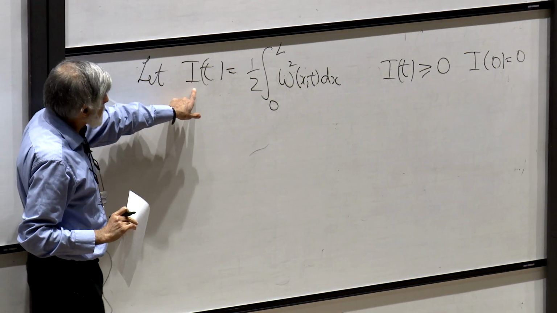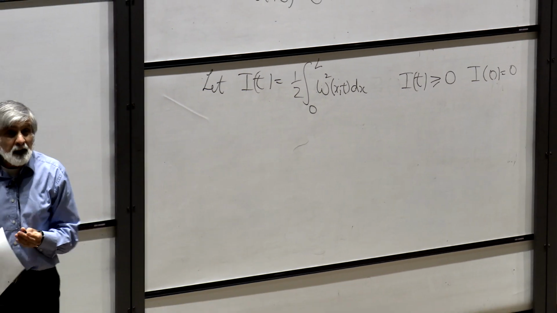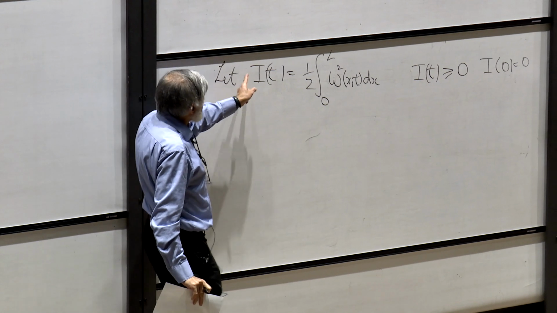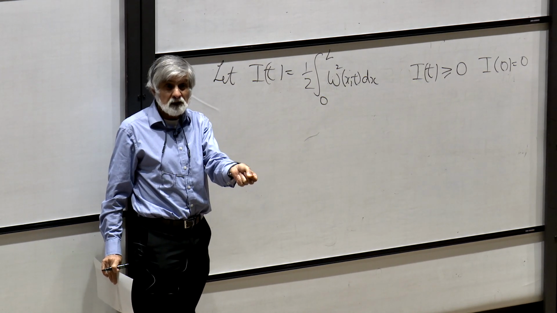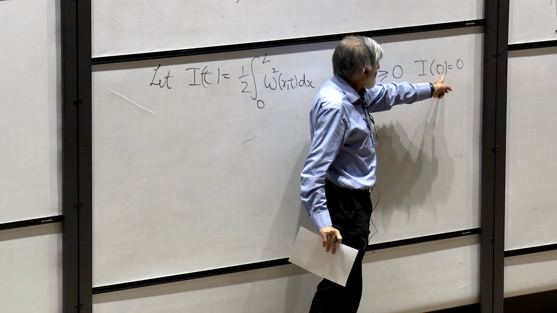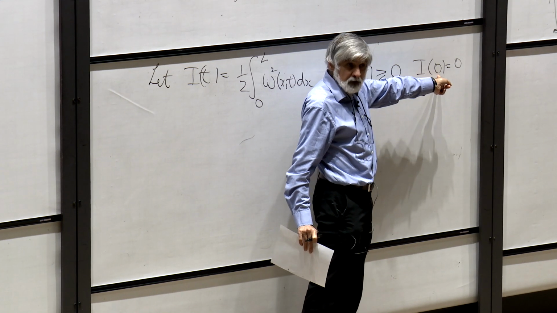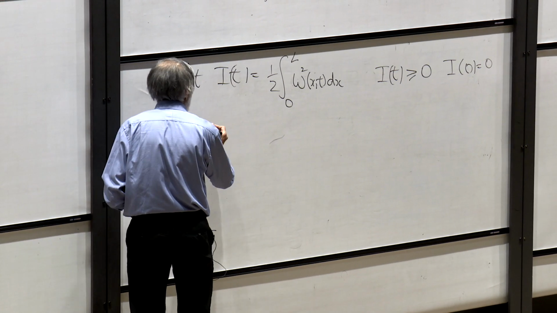This tells us I is bigger than or equal to 0. So if we could show that dI/dt was equal to 0, then it would follow that I is equal to 0. Okay? So that's what we do.